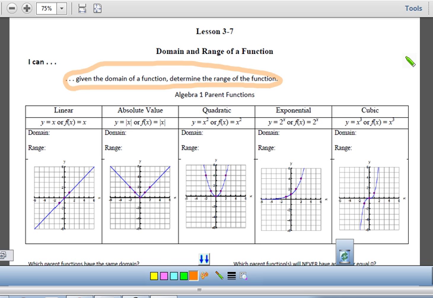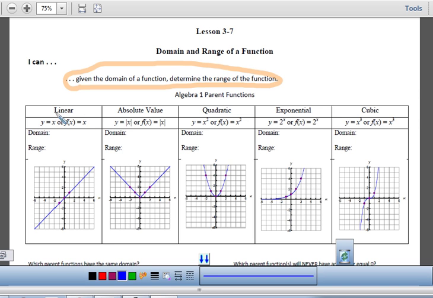Like the last video, in the last lesson, this might be a little confusing, so make sure you pay attention, and certainly ask questions if you have any trouble after watching the video. Alright, so we're going to take a look at parent functions. A parent function is the simplest function for a family or group of functions.